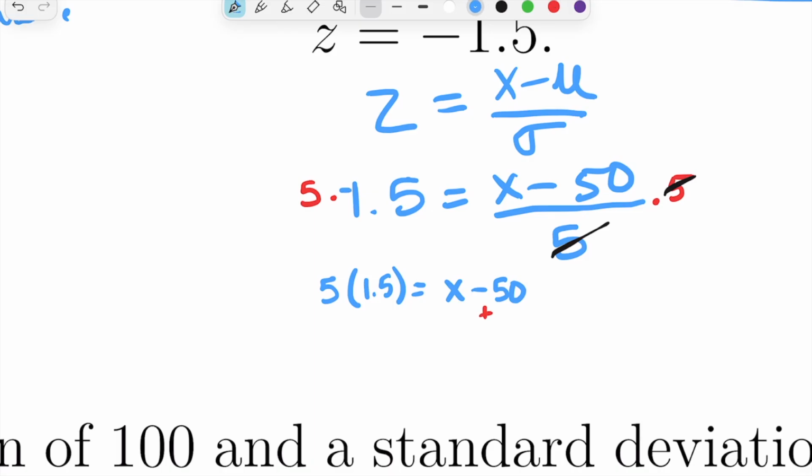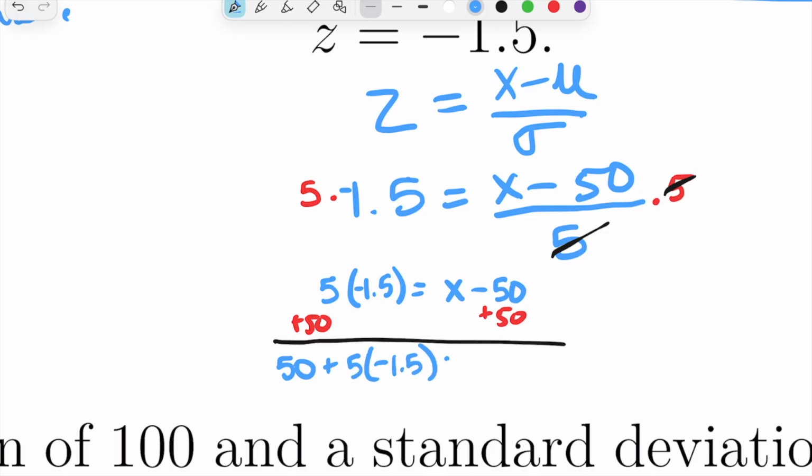This was negative 1.5, so keep that in mind. Let's add a 50 to both sides. Now what I have here is 50 plus 5 times negative 1.5 equals x. Well, 5 times negative 1.5 is negative 7.5, so 50 minus 7.5 gets me x. That's where we get our 42.5.